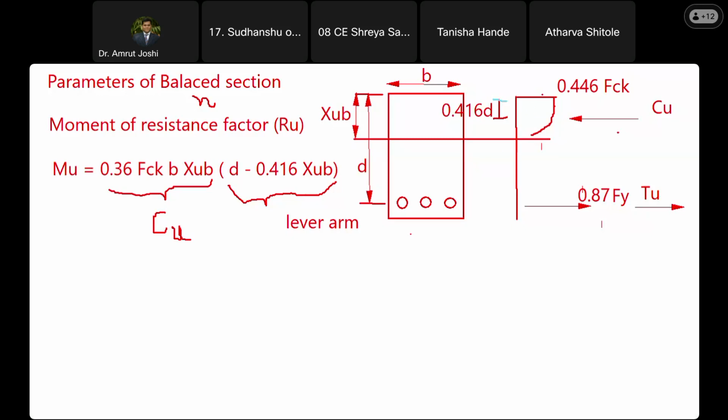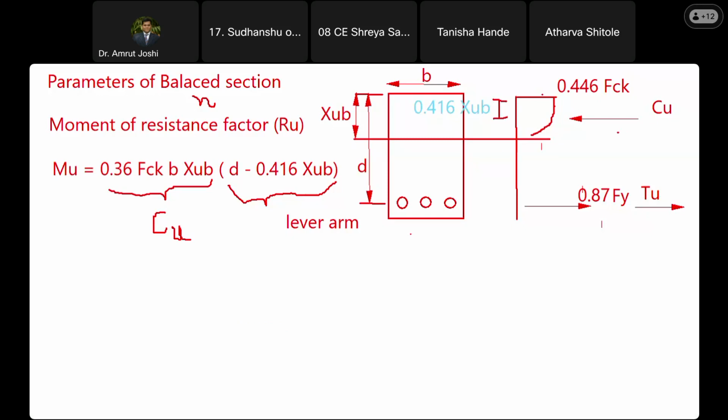So let me clear that. Not 0.416 D, it is 0.416 xub. Let us copy this here. So what is the lever arm? d minus 0.416 xub.